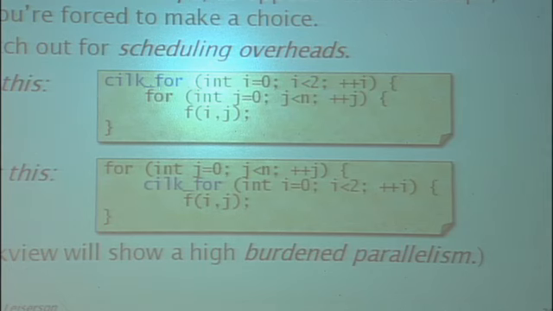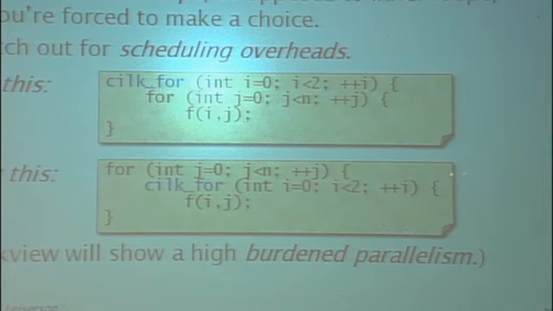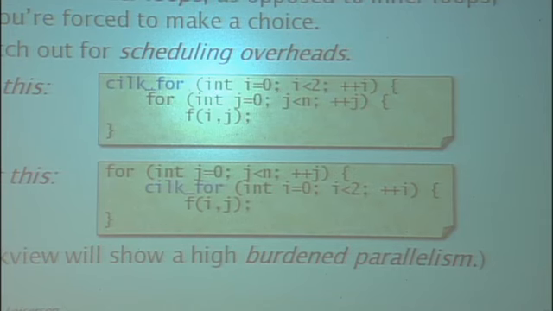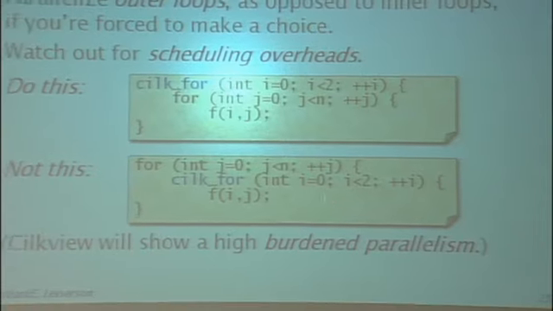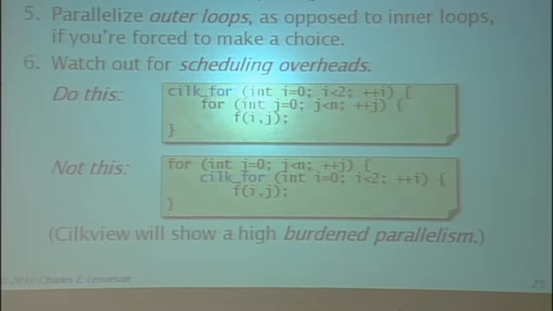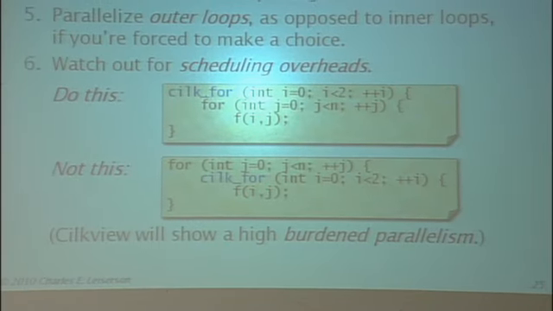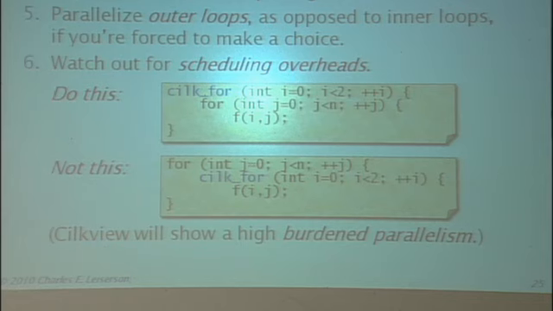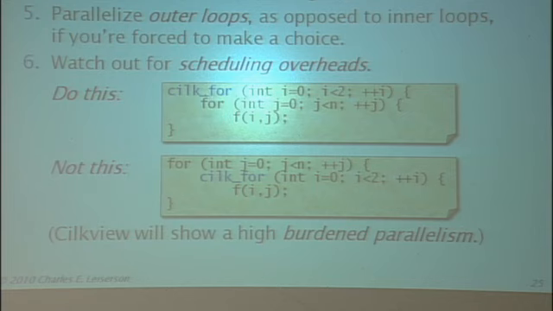This one is probably not even worth stealing each of these individual things. You're spawning off things that are so small, this may even have parallelism that's less than 1 in practice. Okay? And if you look at the Cilkview tool, this will show you a high burdened parallelism, because the burdened parallelism tells you what the overhead is from scheduling, as well as what the actual parallelism is.